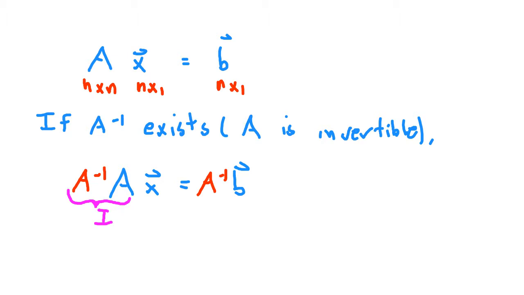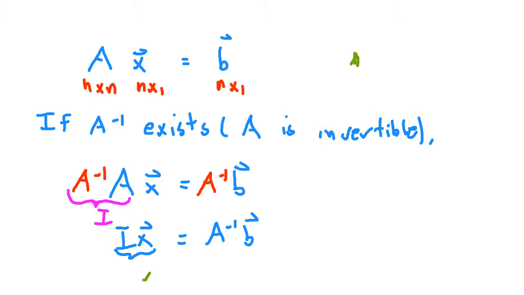So on the left side now, you have the identity times a vector x equals A inverse times B. Well, what is the identity times the vector x equal to? That's right, Bella.